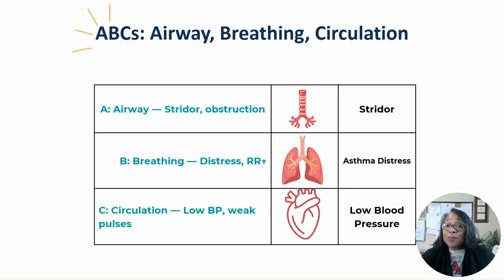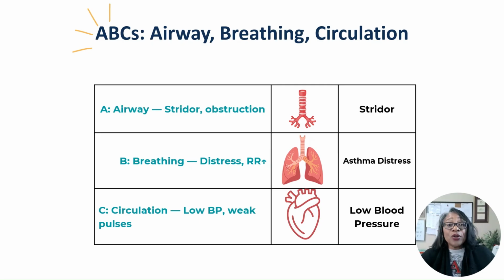Okay, let's move on to B for breathing. If they have an airway but can't move air, think asthma attack, respiratory distress, pneumonia with increased work of breathing. And so signs that you'll see are increased respirations, the use of accessory muscles, shallow breathing.